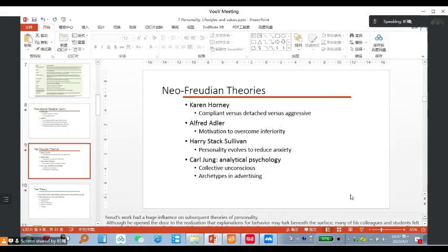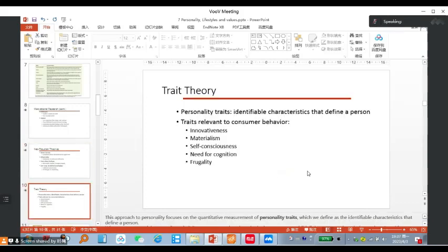And there are other theories influenced by Freud's work. Another theory is trait theory. This approach to personality focuses on the quantitative measurement of personality traits, which we define as identifiable characteristics that define a person.